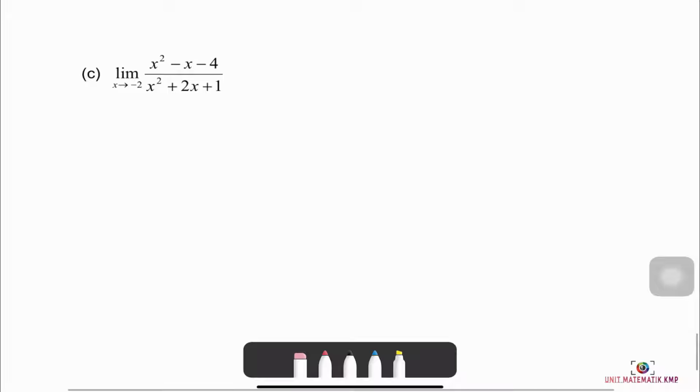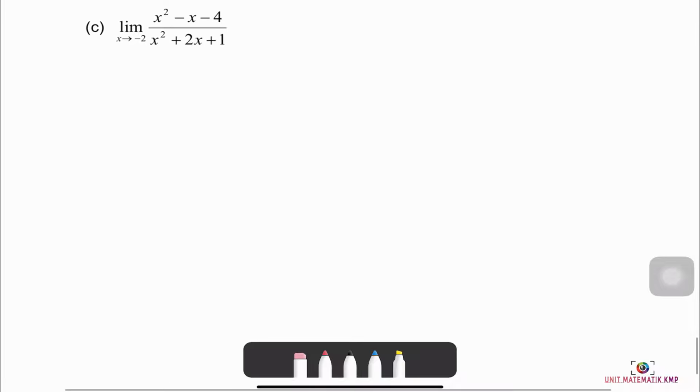And finally, example C. What do we have here? We have the limit of (x squared minus x minus 4) over (x squared plus 2x plus 1) when x approaches minus 2. Again, we substitute x equals minus 2 into the function.